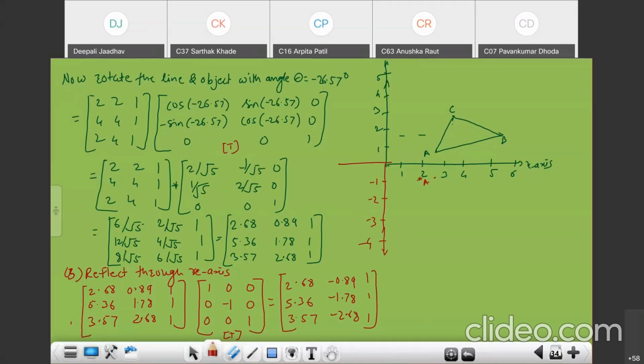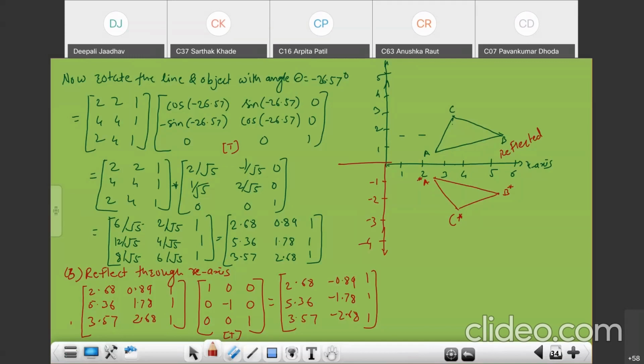Then 5.36, minus 1.78, it may be somewhere here, B. And 3.57 and minus 2.68, it is somewhere here, C. So what we observe is that this triangle is reflected with the x-axis. But is it the final result? No, it is not the final result.